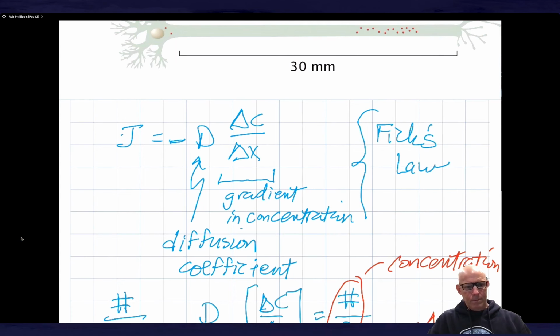So I wanted to foreshadow also that Fick's law is really an interesting first example for us of a much more general concept. And here it is. Many, many examples of flux in systems that are not in equilibrium will be linearly related to the degree of disequilibrium.